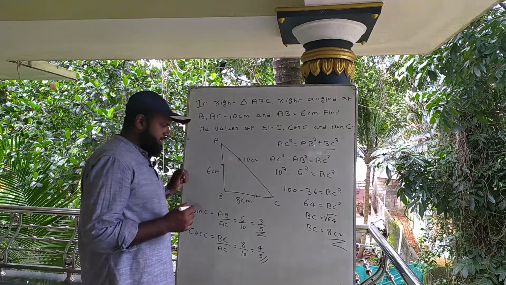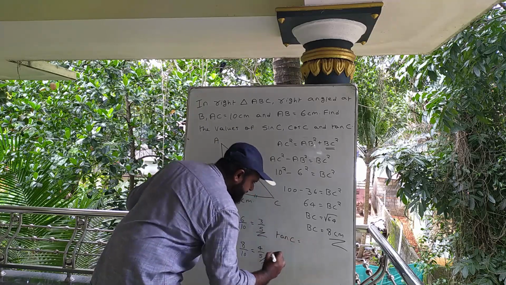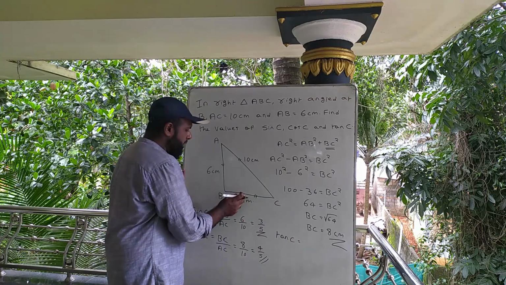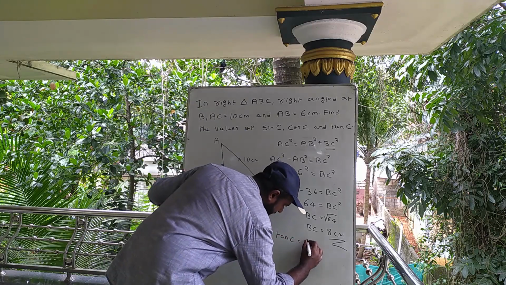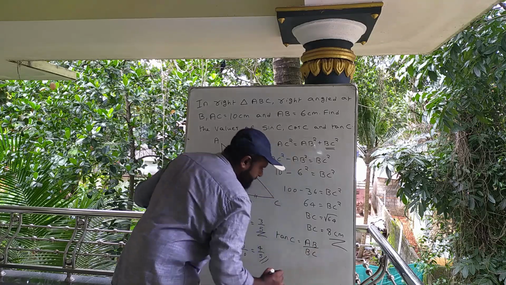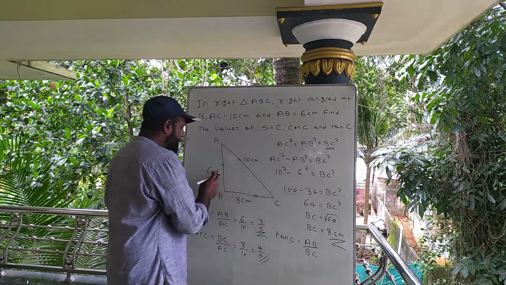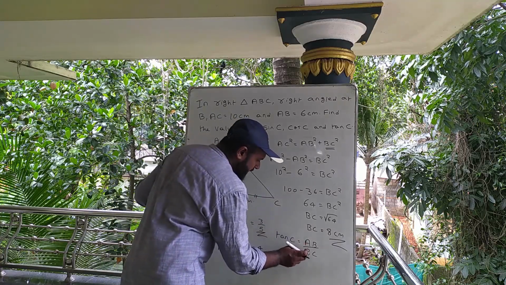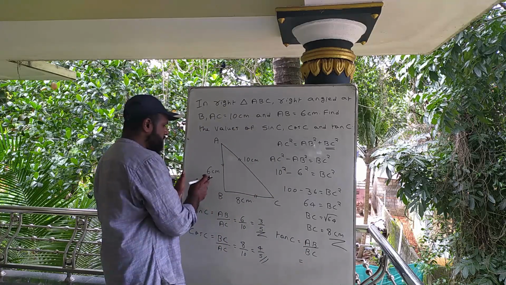We can find what is tan C. Tan C equal to opposite side of C by adjacent side of C, that is AB by BC, equal to, what is AB here? 6.